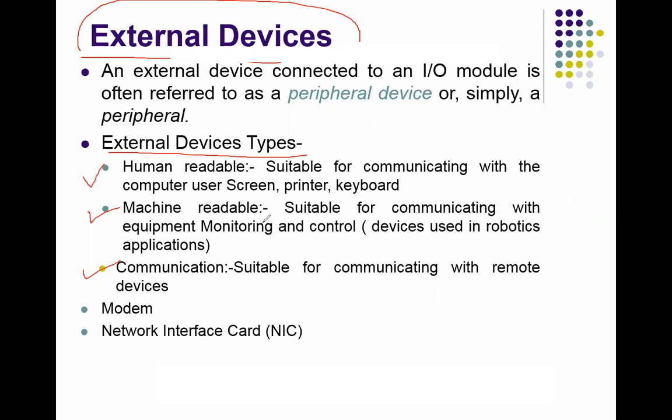With the help of these devices, you can communicate with remote devices, like two different devices communicating with each other. We know a modem is there, a network interface card is there. All these devices belong to external devices because with their help your computer can connect externally and receive data from the external environment.